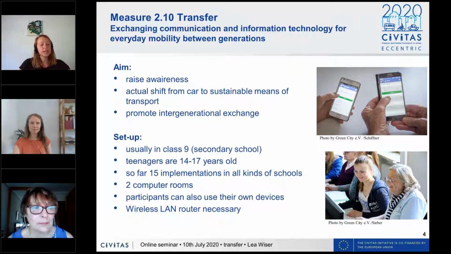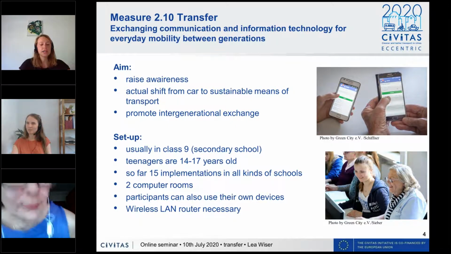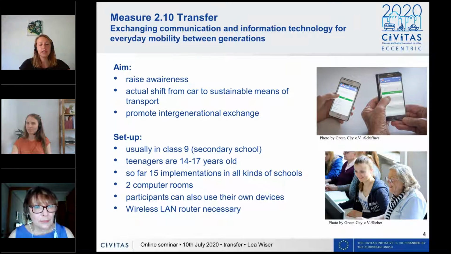So I'm coming to the setup. So far, we had 15 implementations in all kinds of schools, even in a class with mostly foreign teenagers that didn't speak German fluently, but that also worked very well. And we were also in schools where many socially deprived people live in the area.